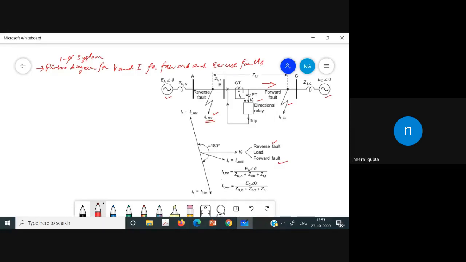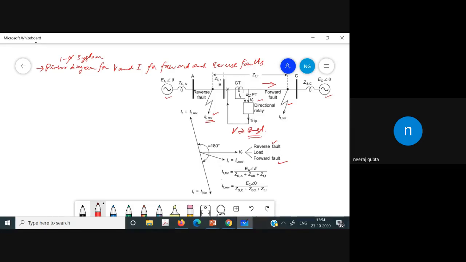So it is assumed that the voltage at the relay location remains constant in magnitude as well as phase.